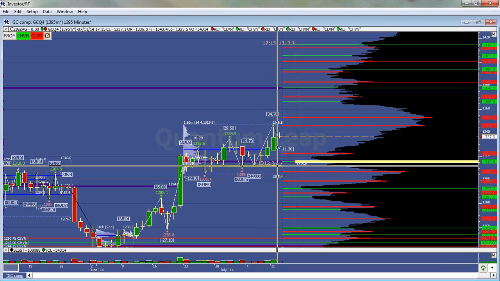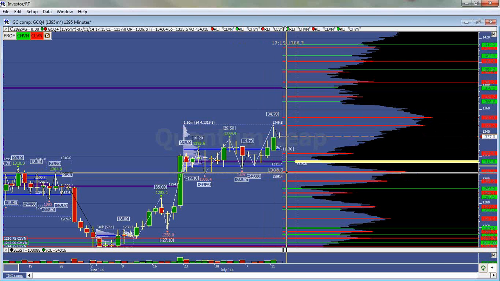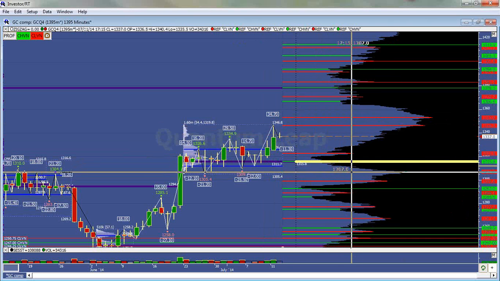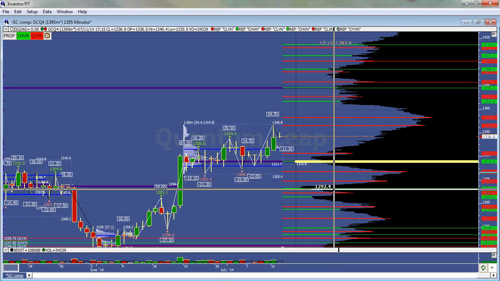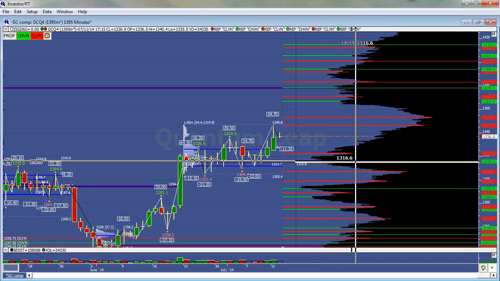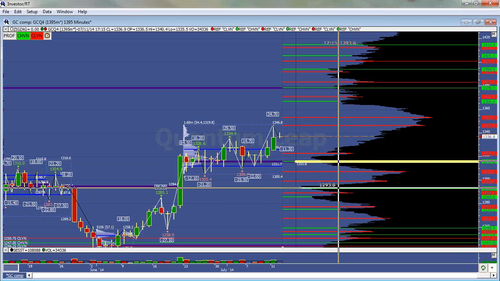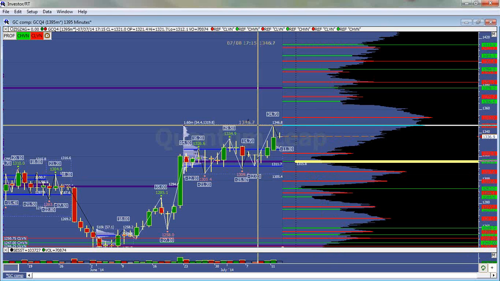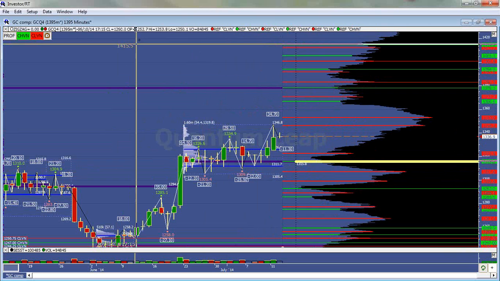A break below 1170 should give you a move down to test the other side of balance around the composite VPOC down here at 1307. And then a break below 1307 could get a shift and a move back of the composite VPOC down here at 93. But I'd be looking for a test of 1300 if we break below 1307.